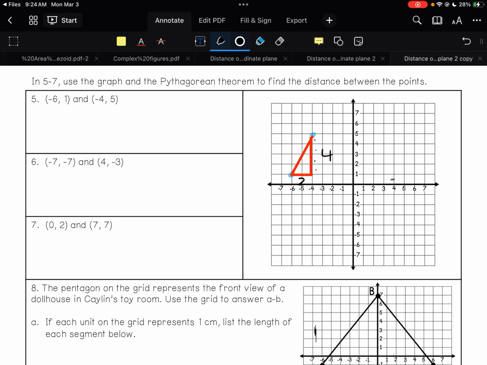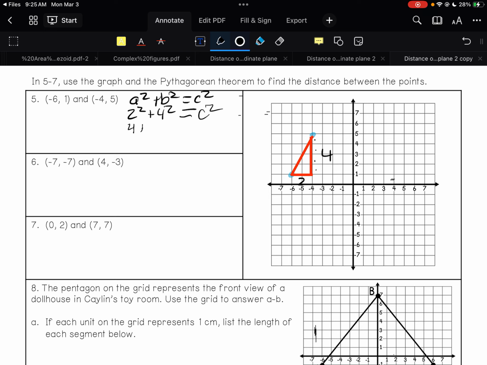So I have a squared plus b squared is equal to c squared, or 2 squared plus 4 squared is equal to c squared.